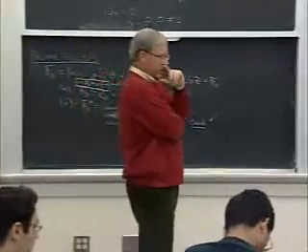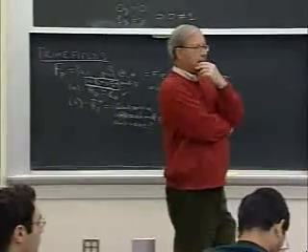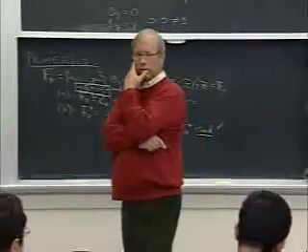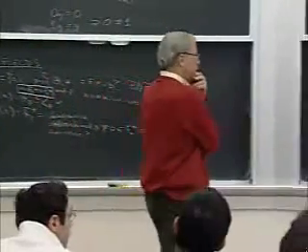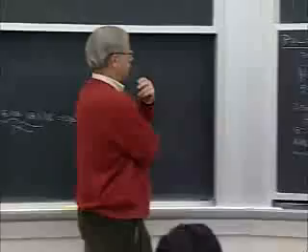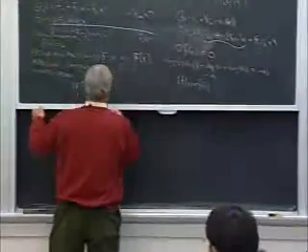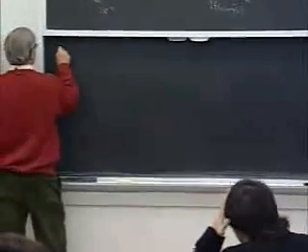Is it missing anything? Inverse. Right, very good. Just like the integers, not all the polynomials have inverses. Which are the polynomials that do have inverses? No, they're more than that.